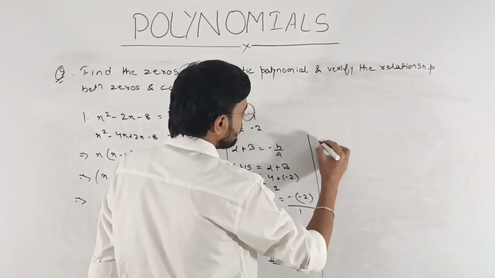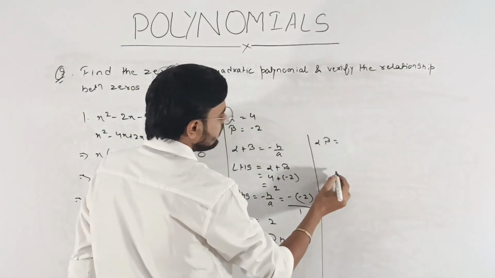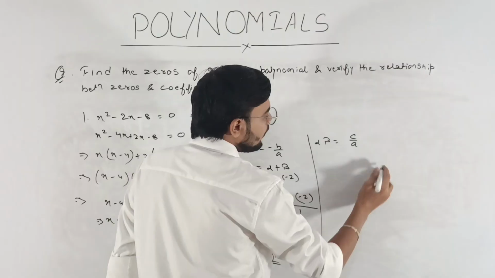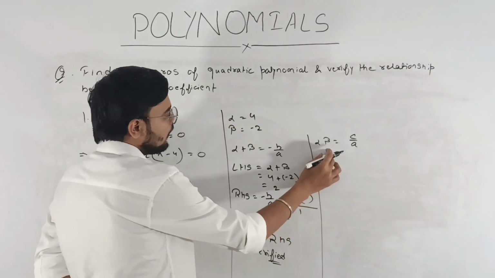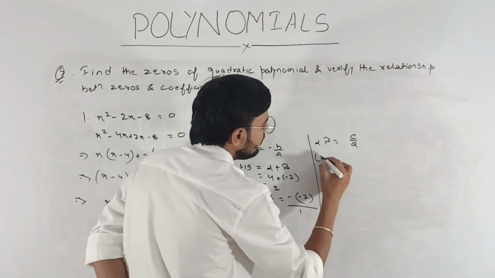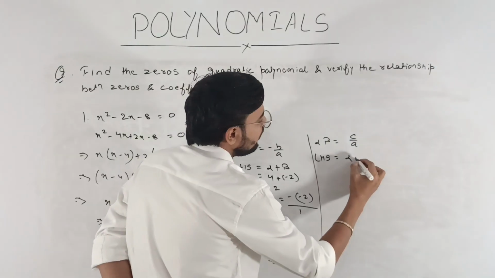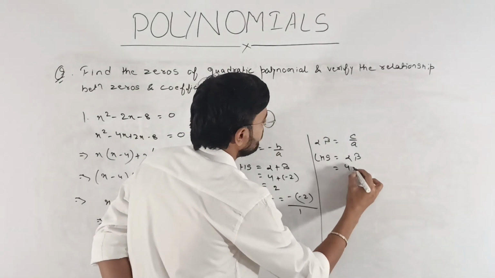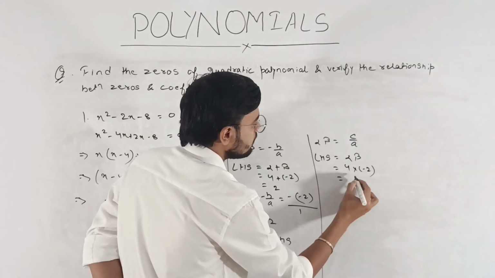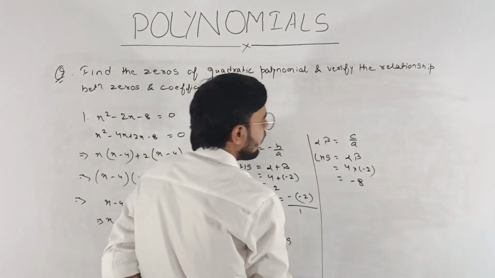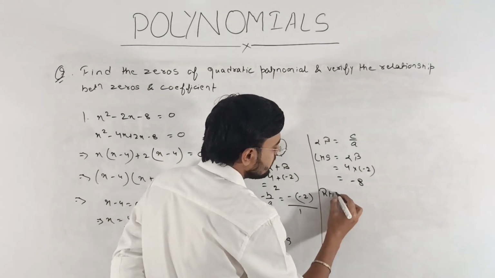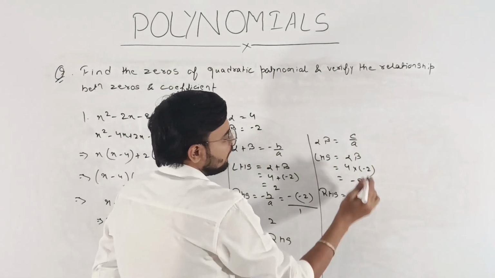Now for alpha beta, that is the product of zeros, alpha beta is equal to c upon a. First we take the LHS, alpha beta. Alpha is 4, beta is minus 2, so 4 into minus 2 is minus 8. Now RHS, c upon a.